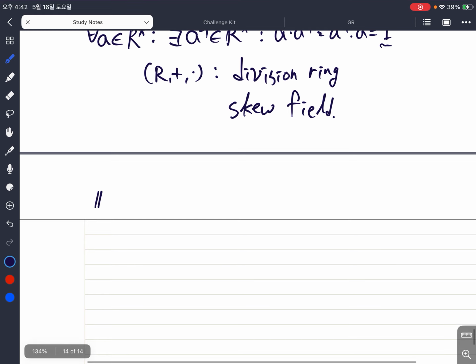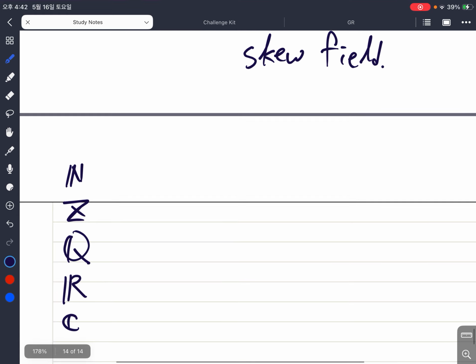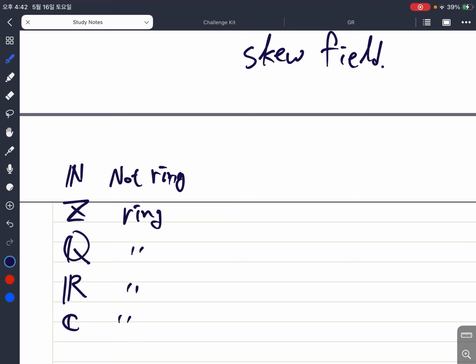For example, natural numbers and integers, and rational numbers or real numbers or complex numbers. This is not a ring, but the others are rings. So they are all rings.